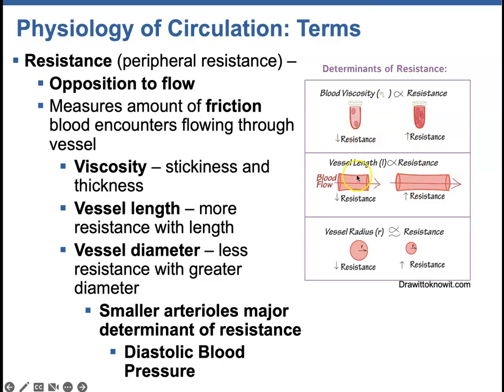So what happens over here on the right, here's your blood flow, right? And as the blood is flowing through, you always have some kind of resistance. So for example, shorter vessels are going to have less resistance. Longer vessels will end up having more. In your vessel radius, if the vessel radius or the diameter is bigger, you can fit more blood in there, so you have more blood.